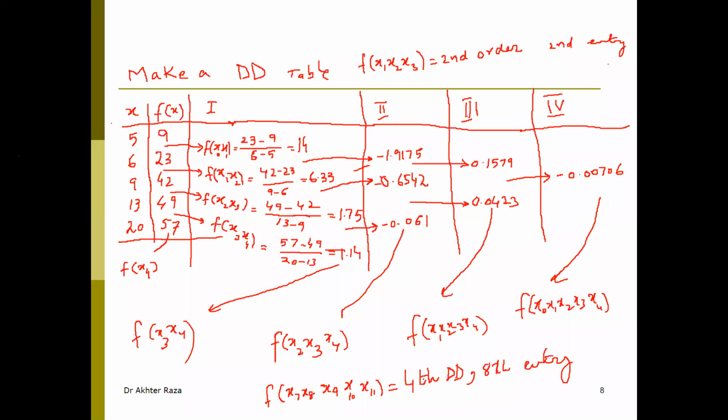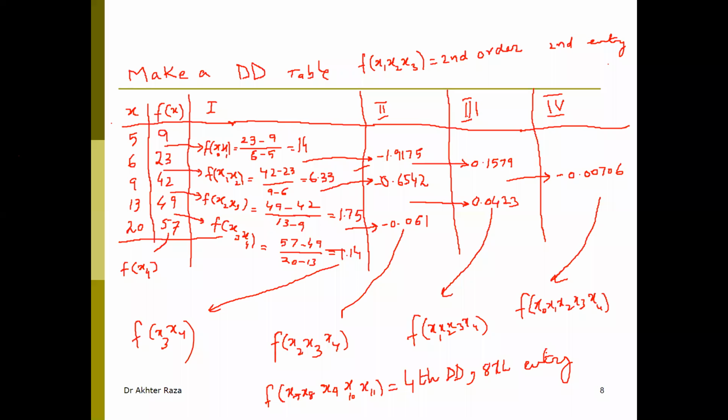So this will exist in the fourth order divided difference, because we have 5 arguments, so the fourth divided difference. If we have 6 arguments, the fifth divided difference, and so on. So I'm concluding the divided differences: they can be explained by how many elements there are in the argument. One less than that gives the order, or the divided difference column number.